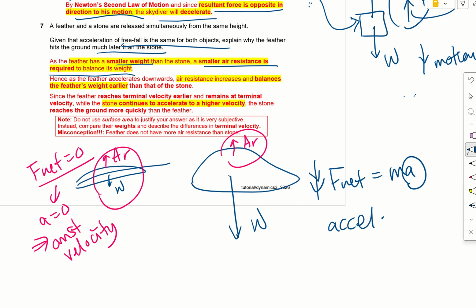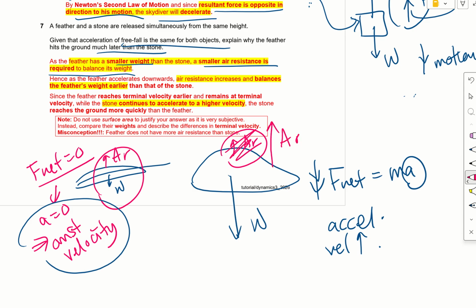Okay, so while the feather is already traveling with constant velocity, the speed of the stone is still increasing. Its velocity is still increasing. And after some time, because as speed increases, air resistance increases, I can increase the air resistance. But as you can see, the length of the arrow is still shorter than the weight, correct? So there will still be acceleration.